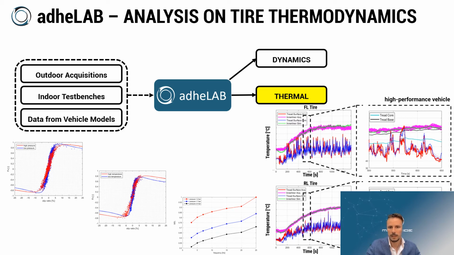And what we can see from here is how the pressures and temperatures of the compound and of the carcass can deeply affect the tire characteristics in terms of grip, stiffness, or hysteretic part.